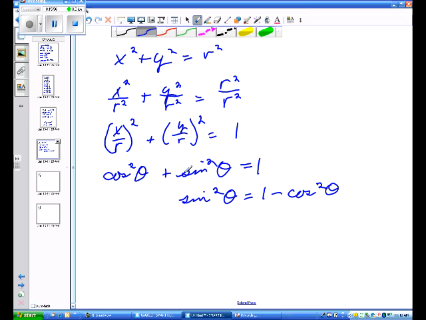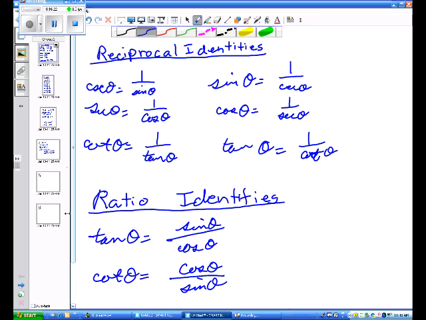Or we could subtract sine squared from both sides and get that cosine squared theta is equal to 1 minus sine squared. You need to memorize that sine squared plus cosine squared equals 1, and you need to quickly recognize or know that sine squared theta equals 1 minus cosine squared theta, and cosine squared theta equals 1 minus sine squared theta.